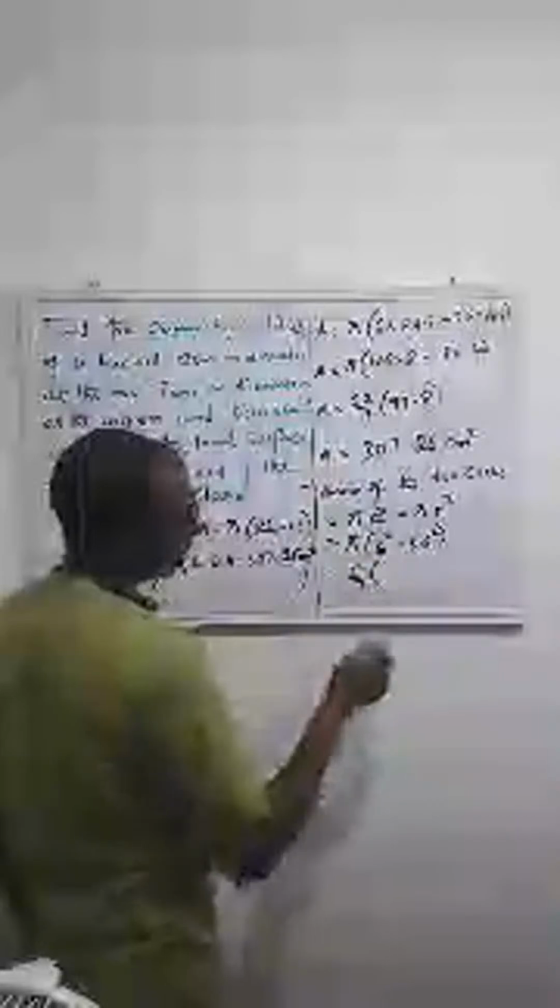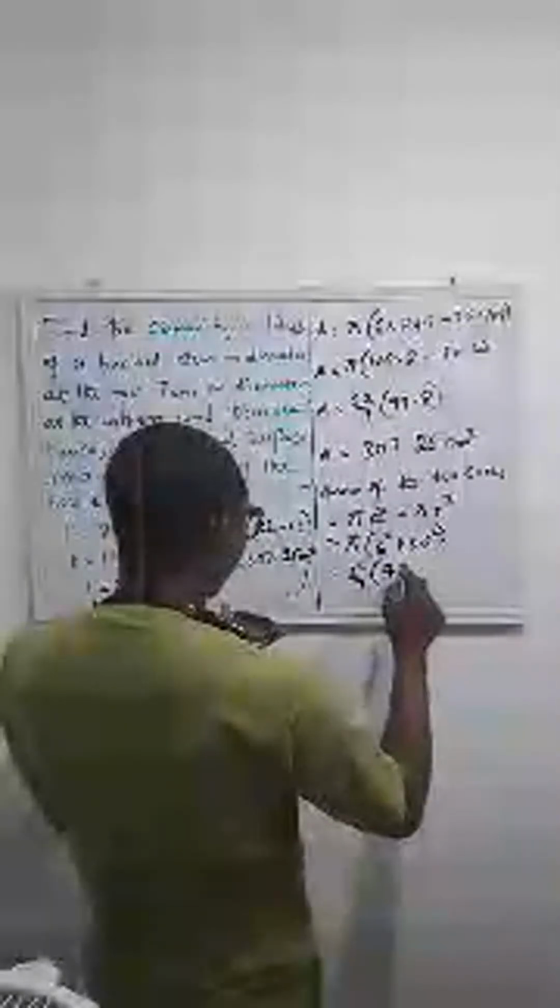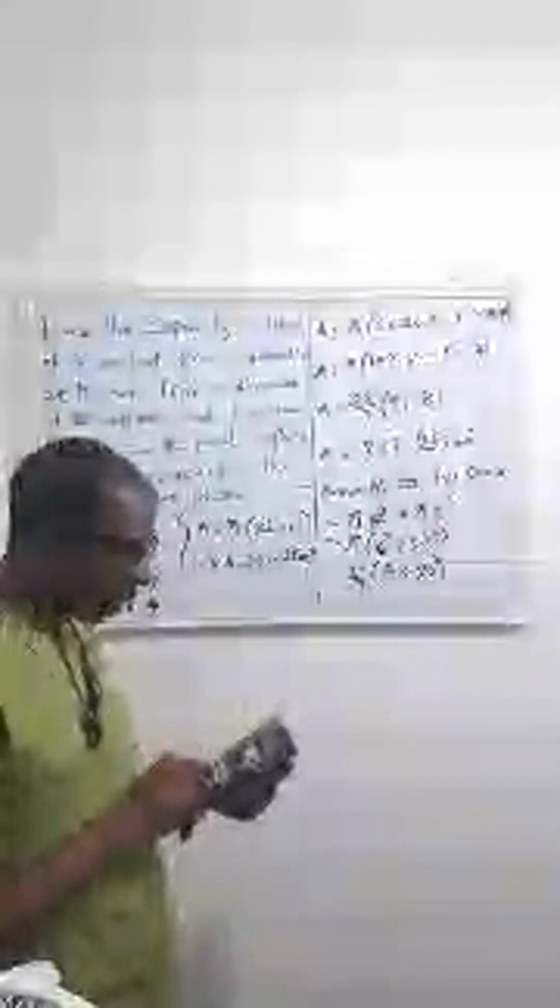Okay, so that gives you what? 22/7 times. Now let us add together. That's 36 plus 3.5 square. So when you do that, what do you have? You have 48.25. Okay. Can we multiply that with the pi?